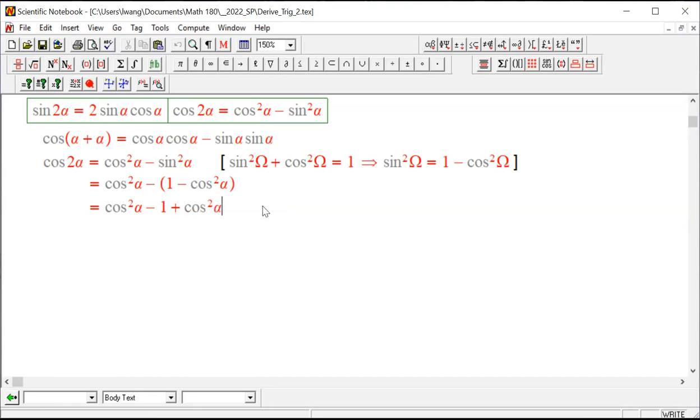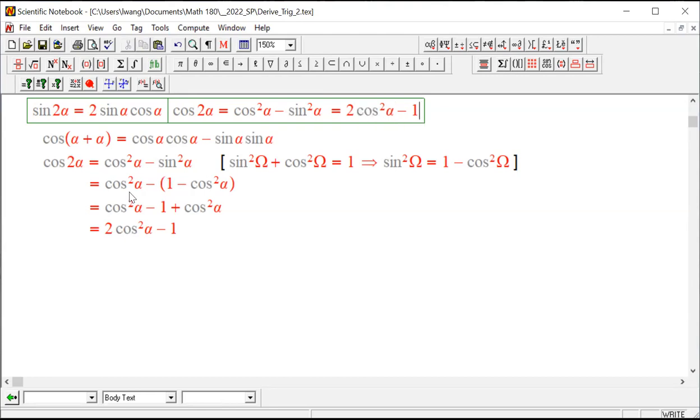Combining like terms, we get 2 times cosine square alpha minus 1. So this is the next formula for double angle. You can see that to find cosine 2 alpha, if we use the first formula, we need to find cosine alpha and sine alpha. But if we use the second formula, we only need cosine alpha.